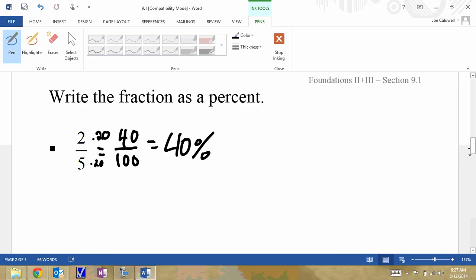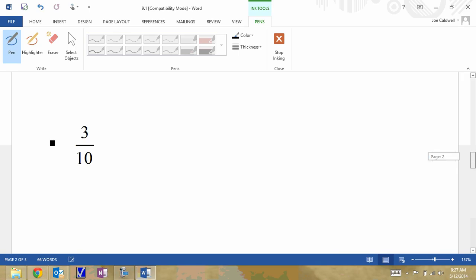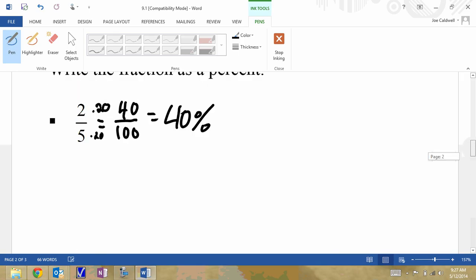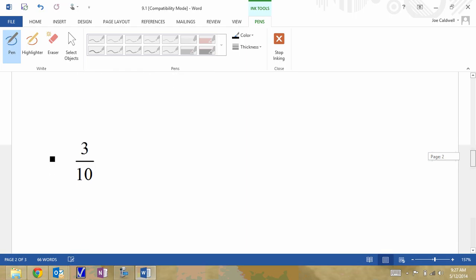So again, we want a denominator of 100. Same thing for 3/10. Again, we want to turn 3/10 into a fraction that has a denominator of 100, because that's what percent means. And so we ask ourselves, 10 times what number gets us to 100? 10 times 10, of course.